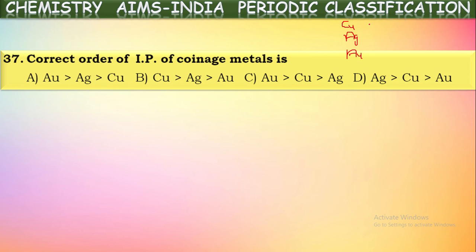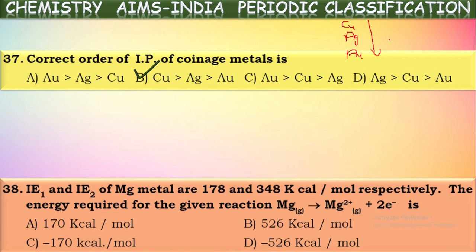From copper to gold, size increases and IP value decreases. Now which will have the greatest among these? Copper. Next is silver and at last gold. Where it is given copper, silver, gold, this is the correct answer. Okay. Next one.